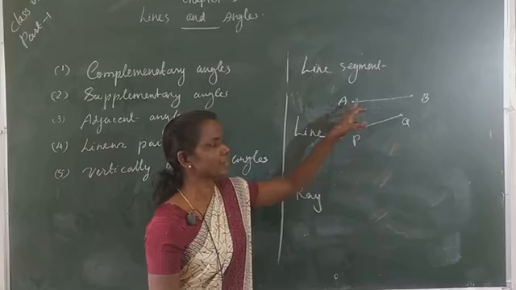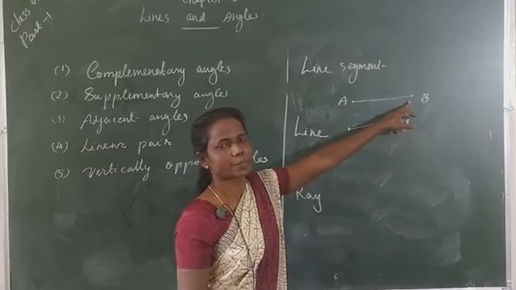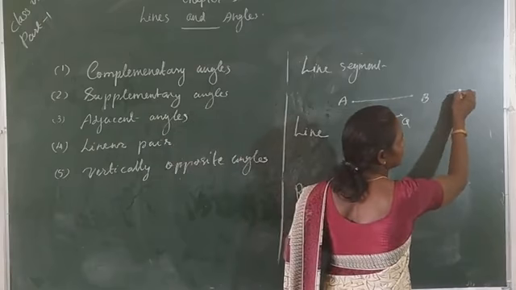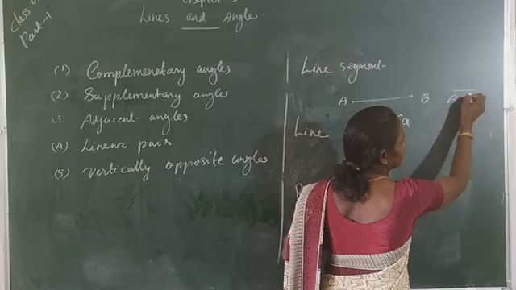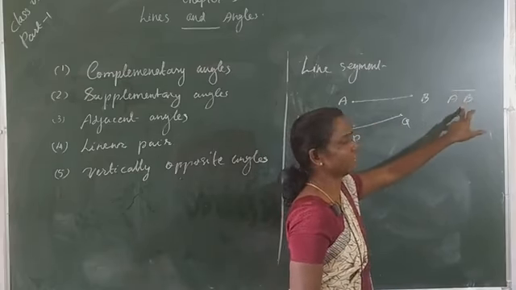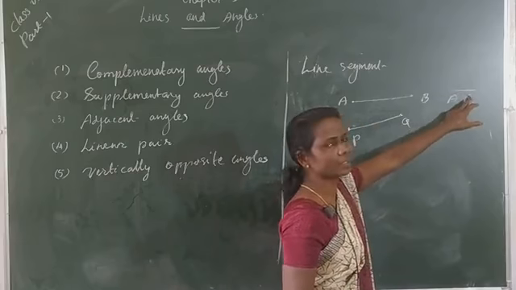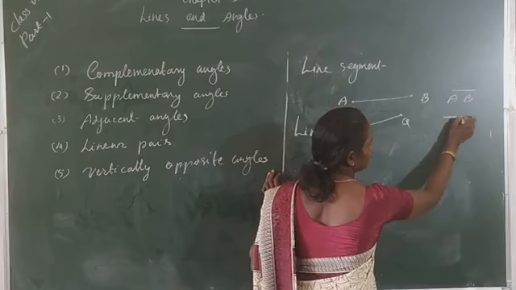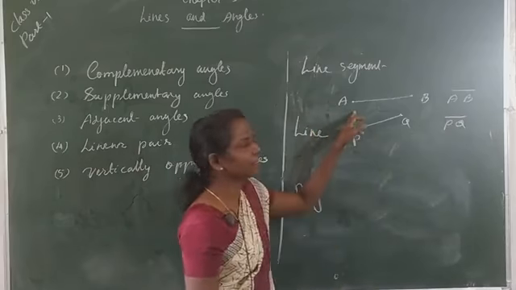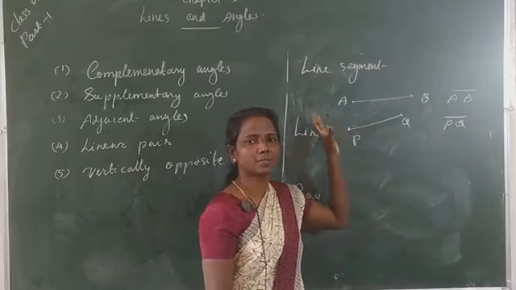Here look, two points A and B. How to represent this line segment? This is line segment AB, and this is line segment PQ. A line segment has two endpoints.